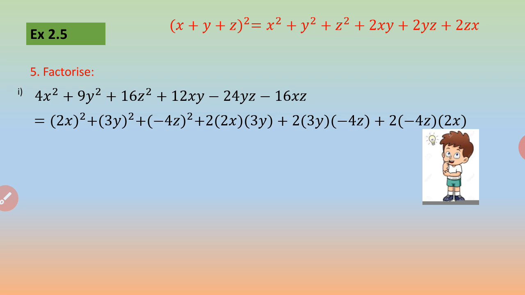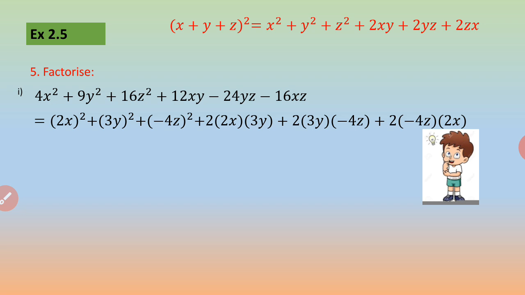Now we have our x, y and z. The first 3 terms are the square terms and with these only we can easily collect our x, y and z. Our x is 2x, our y is 3y, our z is minus 4z. Accordingly, you write the next 3 terms. That will be all multiples of 2 and then xy, yz and zx, whichever is required.